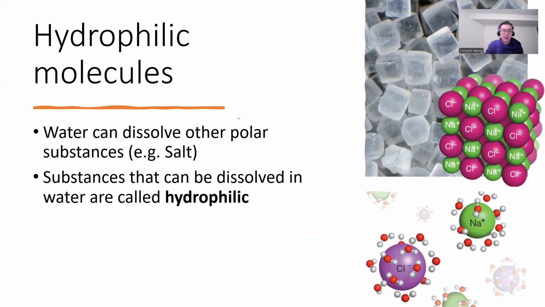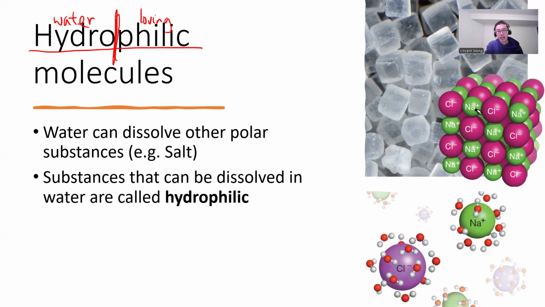If you are able to dissolve it in water, we would say it is hydrophilic. Hydro means water. Philic means loving. A hydrophilic molecule is a molecule that loves water and it's going to be able to dissolve in it. An example would be salt, okay, table salt. Table salt is hydrophilic.